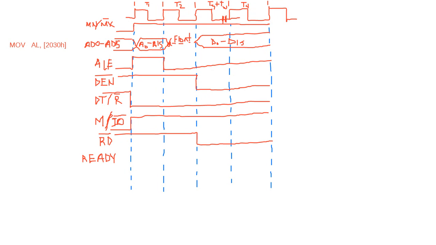If we need more clock pulses, it should be high during the T3 time so that extra clock pulses are provided after T3. Is there any other control signal left? I think that is enough. Yeah, so that's all.